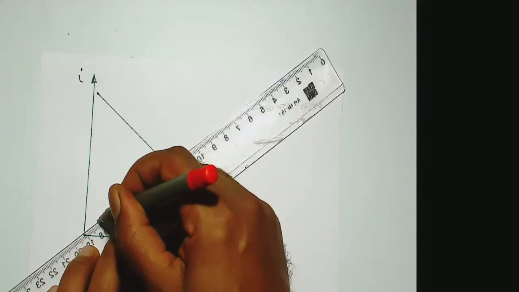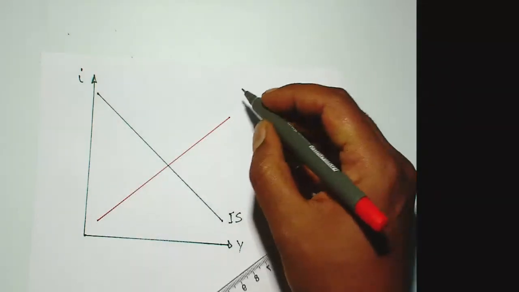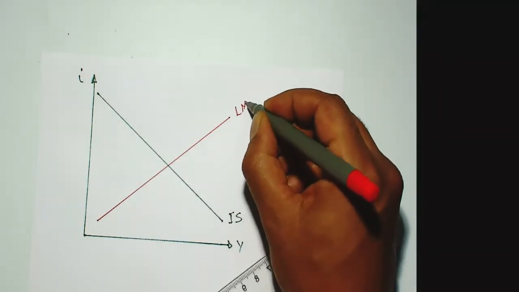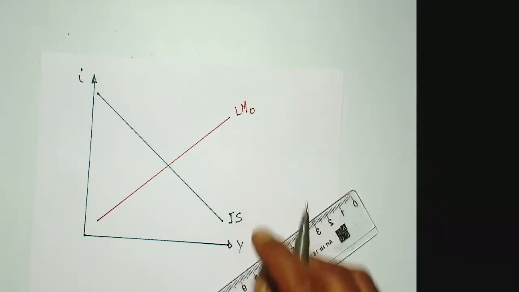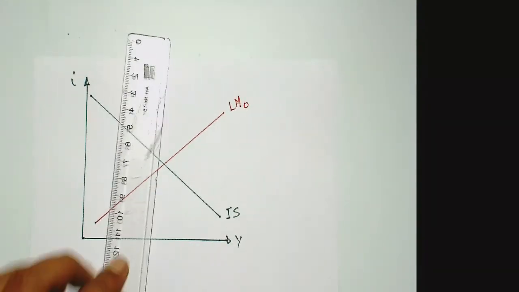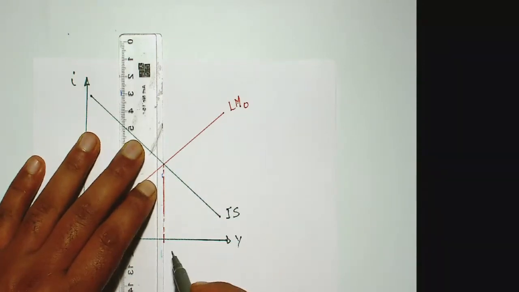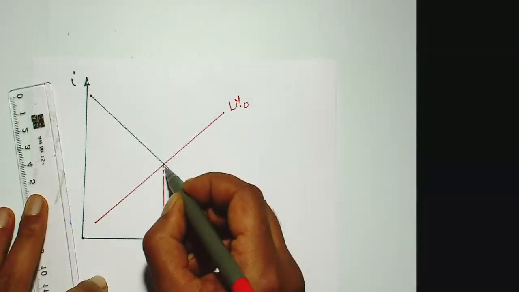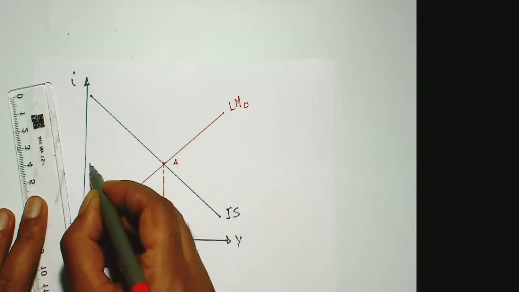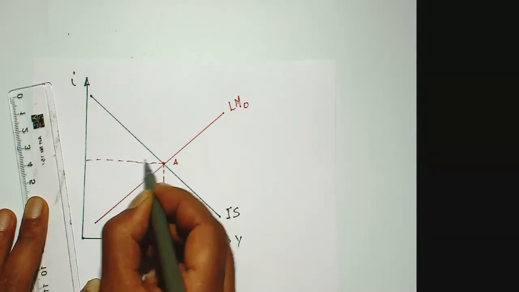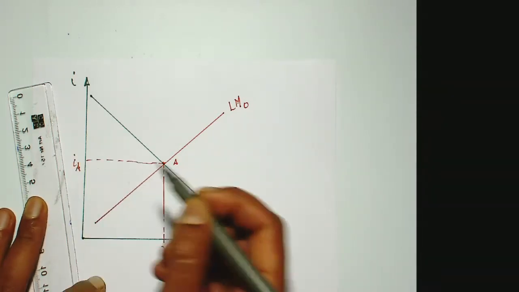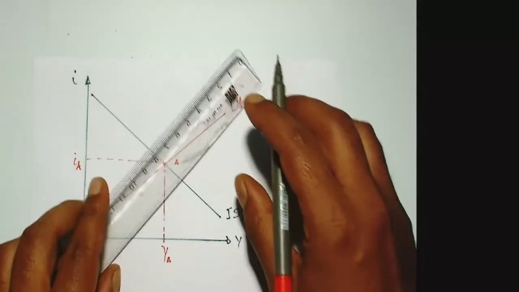I would draw the LM curve with a red colored pen so that we would see the actual impact. In this case, we have an initial income level of YA for our equilibrium point A and an initial interest rate of IA.